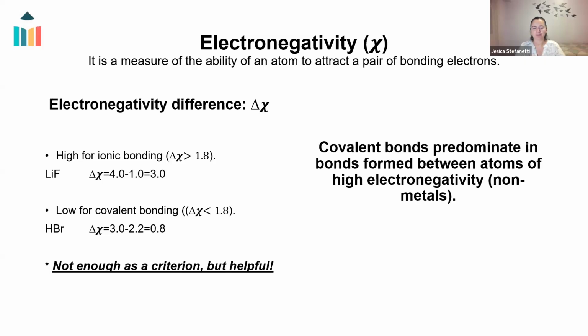So from now on, we will keep in mind that covalent bonds will predominate if we have high electronegativities in the atoms that are involved. Usually that would correspond to non-metals. It's not a must, as I told you before. This is a general rule, and we will go into details as we move forward.